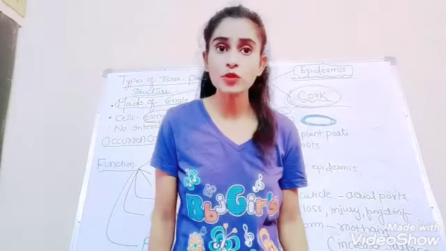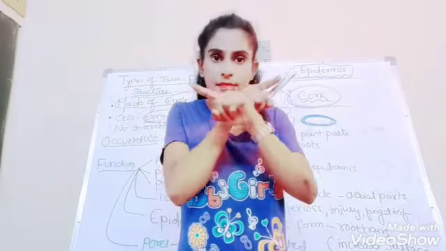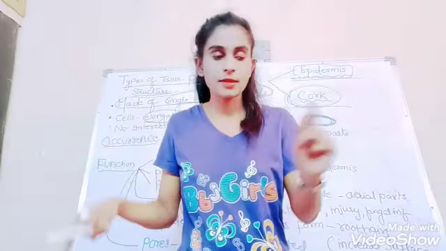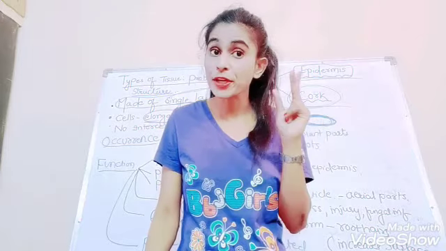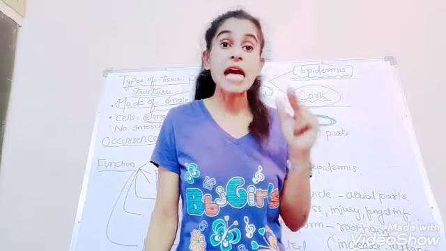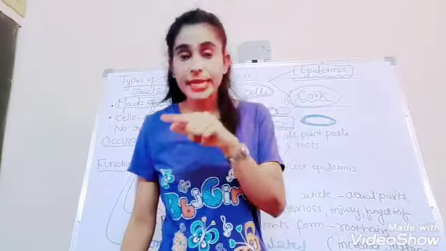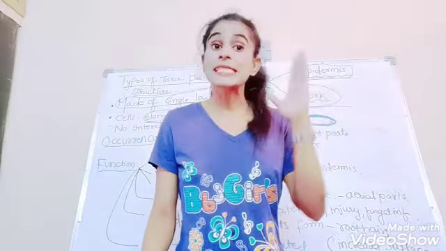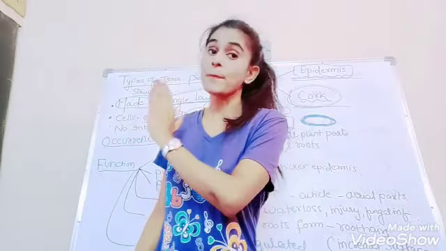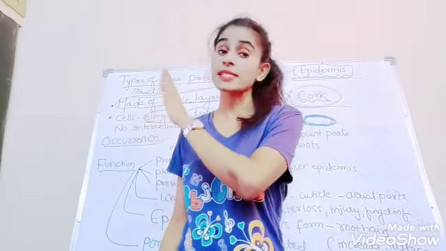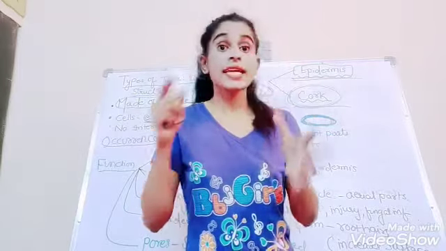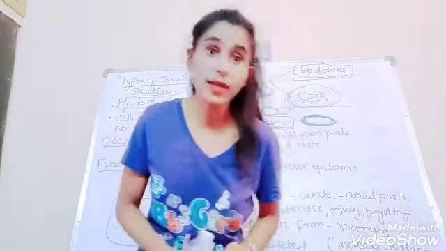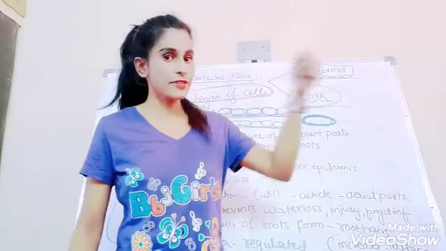First thing you have to write, these cells are arranged in a single layer. Second, the cells are elongated and flat in structure. Third, the cells are compactly packed so that no extra substance can enter and there are no intercellular spaces. Done with the structure.